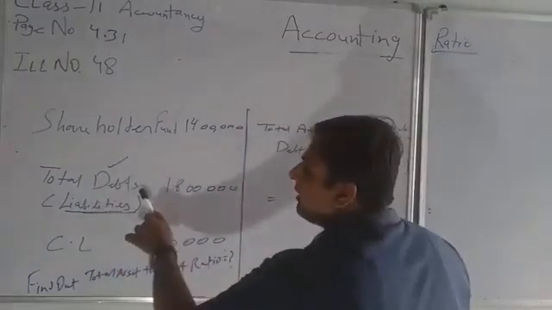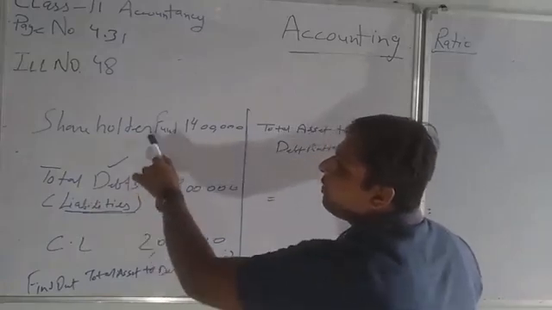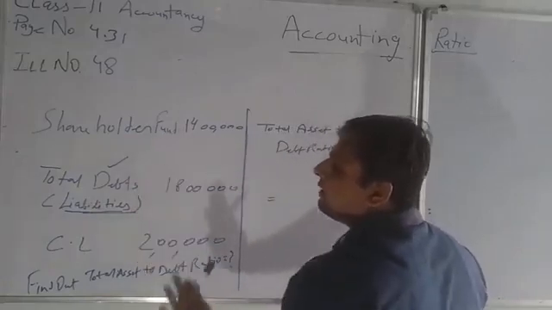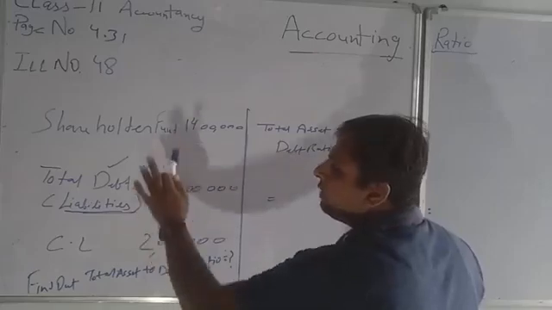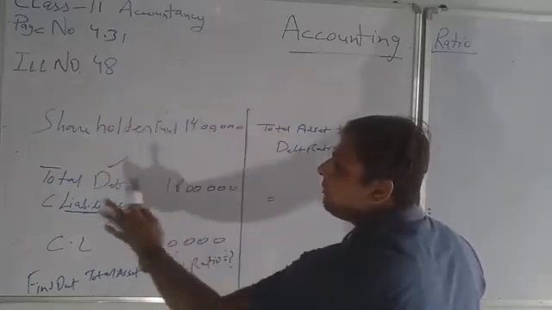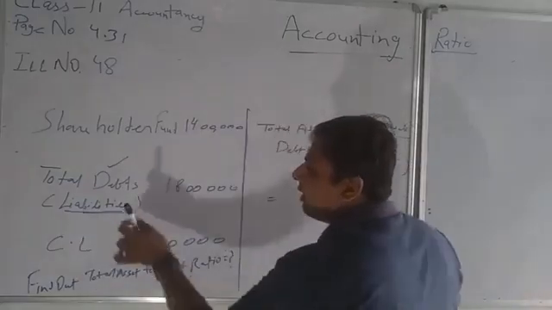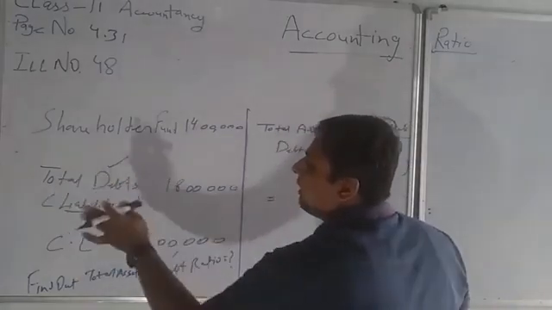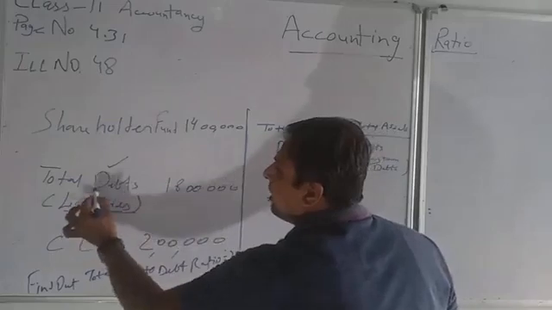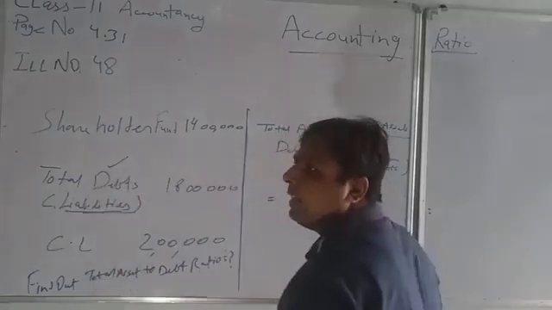The total debts doesn't cover shareholder funds. We have already seen the balance sheet. The whole liability side can become total debts when no shareholder fund is given, if only the total debts was given. But here it is mentioned that total debts include liabilities only.